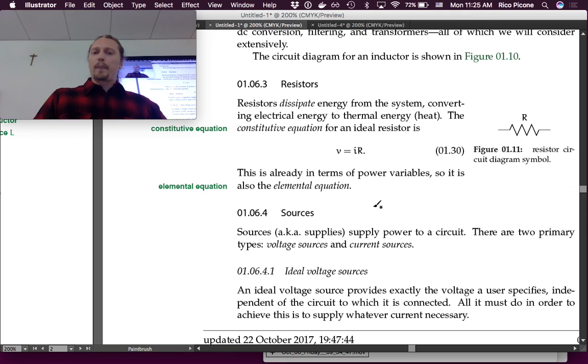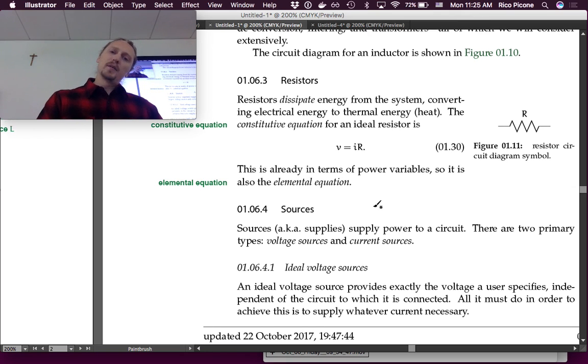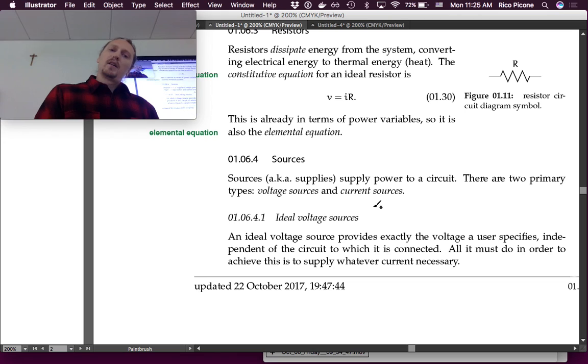Sources, also known as supplies, supply power to a circuit. Two primary types, voltage and current. An ideal voltage source can supply whatever voltage you specify, and it will happily change the current to make that happen.